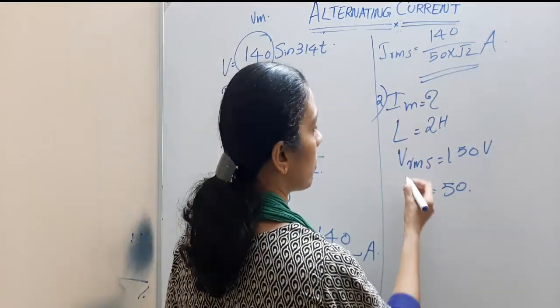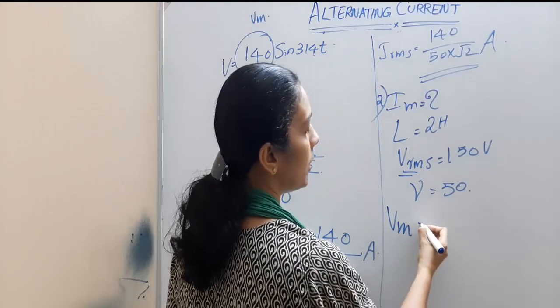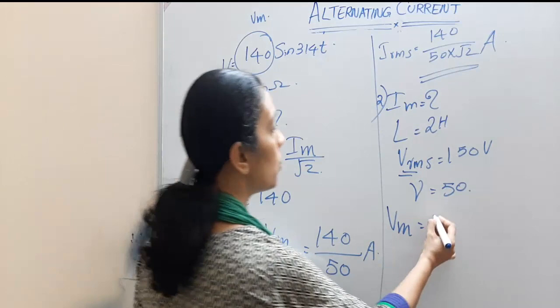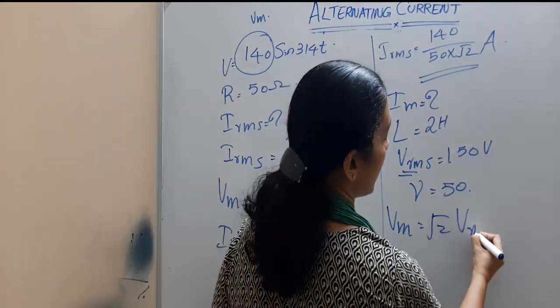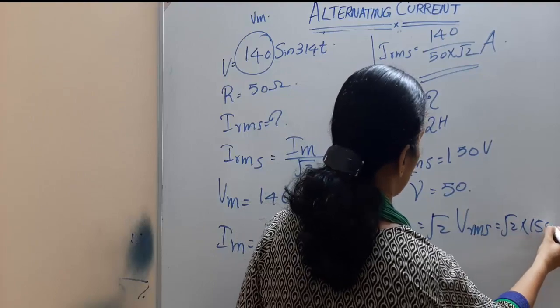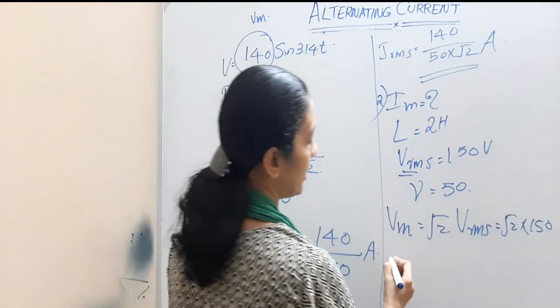VRMS is given, so we can find the Vm value. How can we find Vm? Vm will be equal to root 2 into VRMS, root 2 into 150. This is the Vm value, the maximum value. Now we need to find Im.